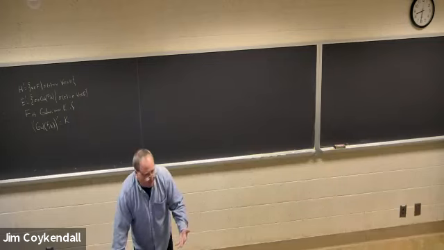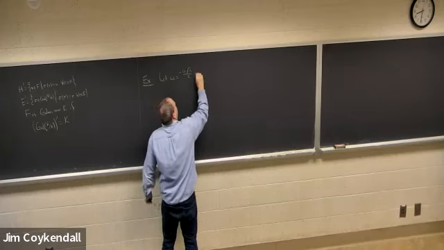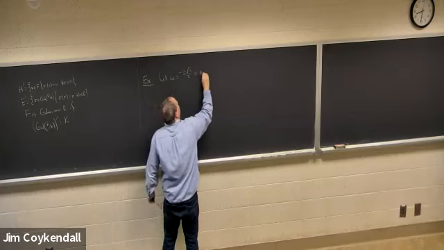Okay, so let me give you an example. And this is an example we've looked at, but I think that before I give you the fundamental theorem of Galois theory, it might be useful to take a look at it again. In the complex numbers, let omega be a primitive cube root of unity, and alpha be the cube root of 2.